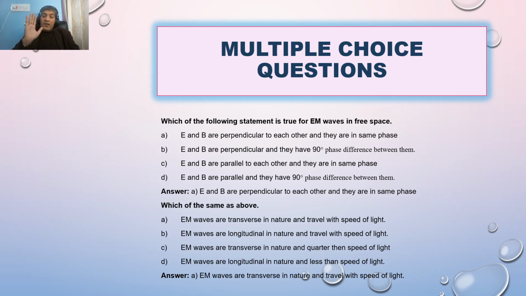So hope you understand how we read the questions and how we solve the question according to the keywords, whether they are asking about speed of light, or about the relationship between electric field and magnetic field in free space or in conductors.